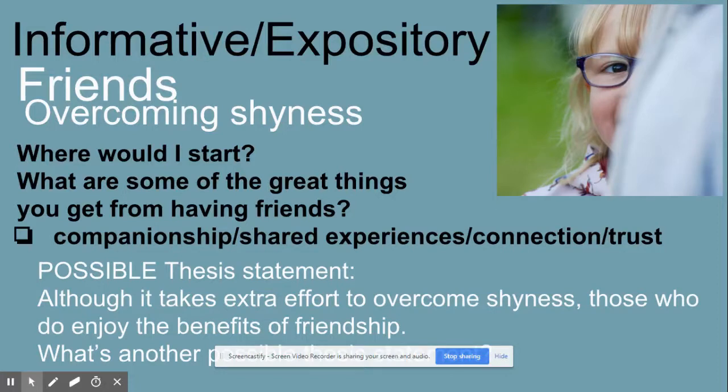If you look at the essay type, expository or informative, and the topic that she's made up, friends, we just don't have time in class to go over all of these, so I just chose one in each area to focus on.